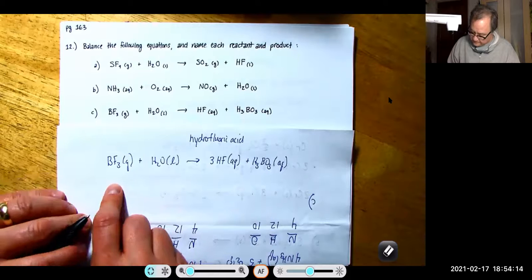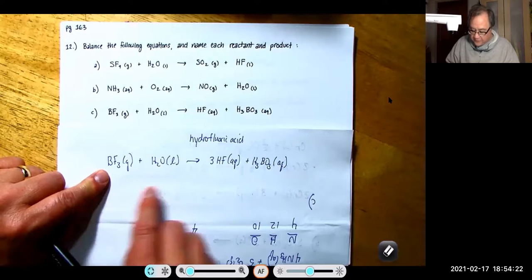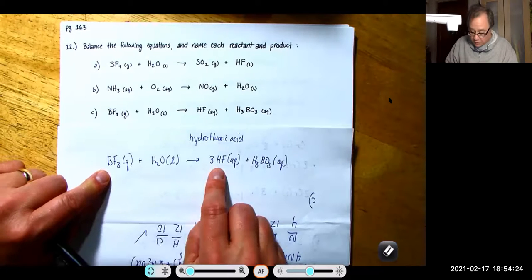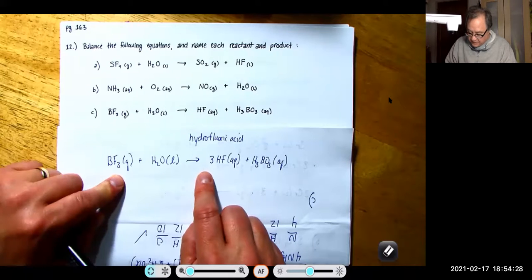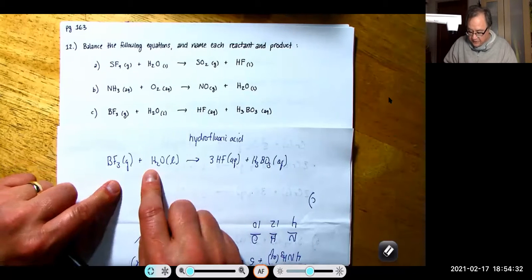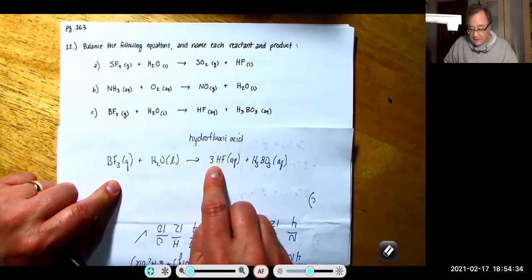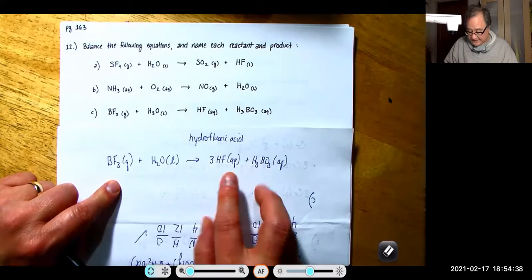So I put the 3 in front of HF so that I would have 3 fluorines on each side. But now you can see I have a little bit of an issue with the hydrogens. Here I have 2. Here I have 3. But here I also have 3 hydrogens for a total of 6.